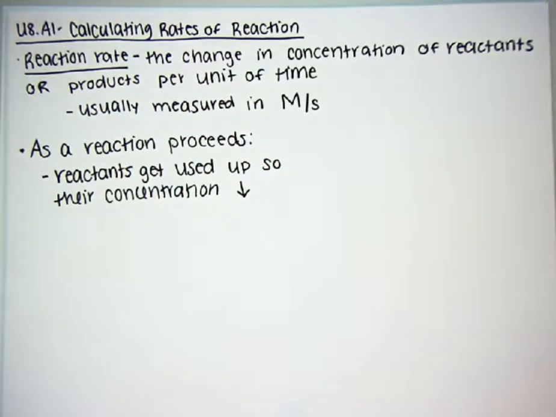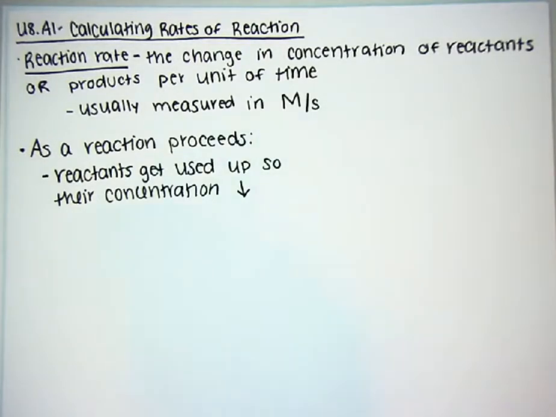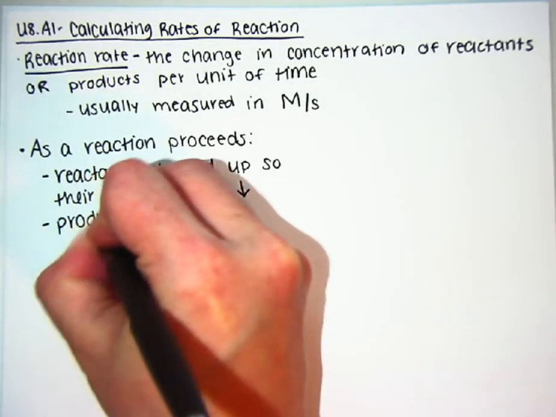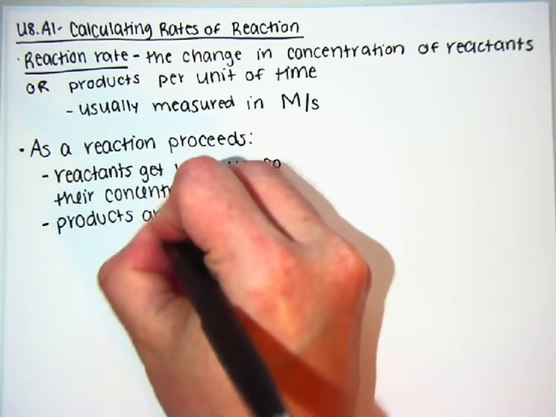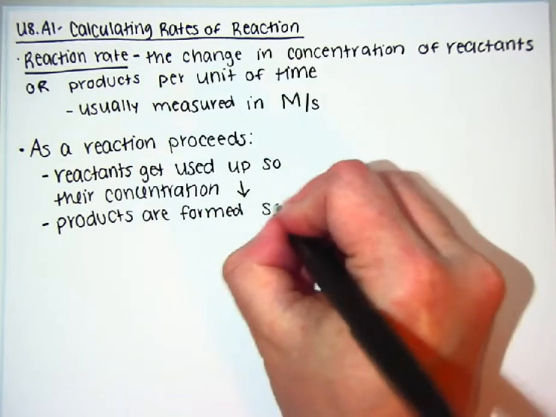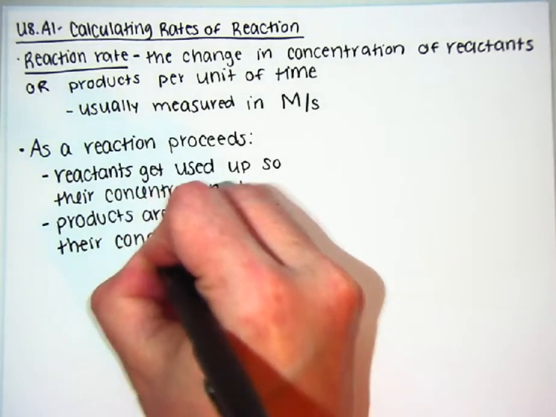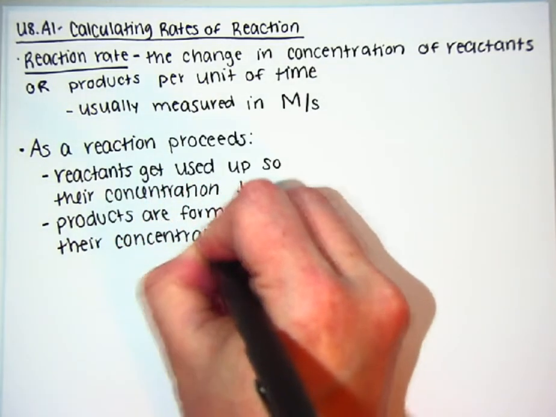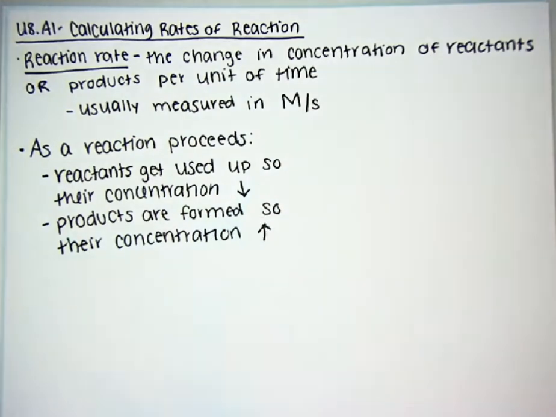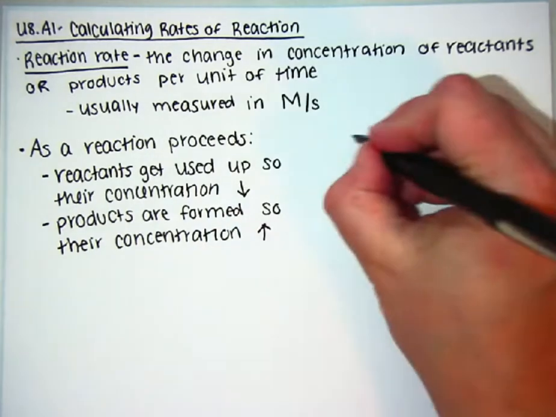Just like if we're making cookies, you're going to use up your flour, your eggs, your sugar. Their concentration is going to go down. Products are formed, so their concentration increases. As we use up all of our ingredients, we can make more cookies. As you use up your reactants, you can make more products.